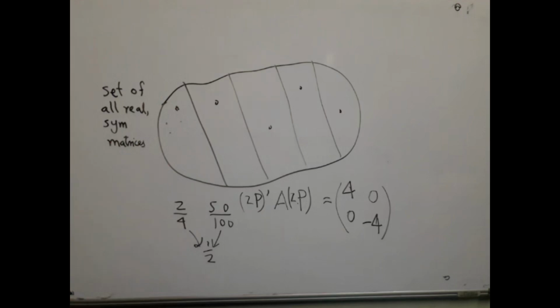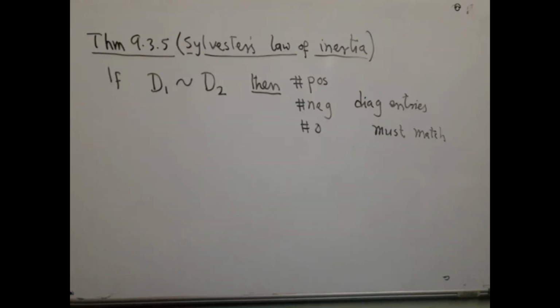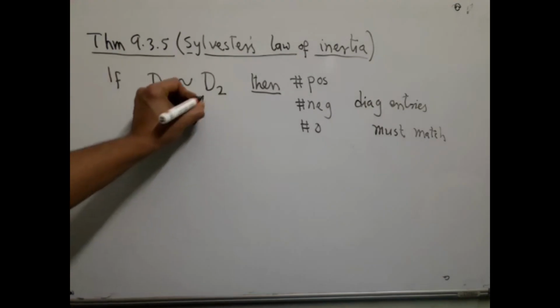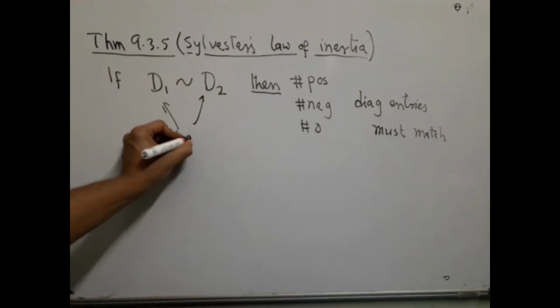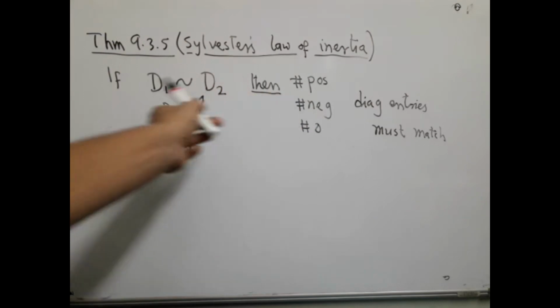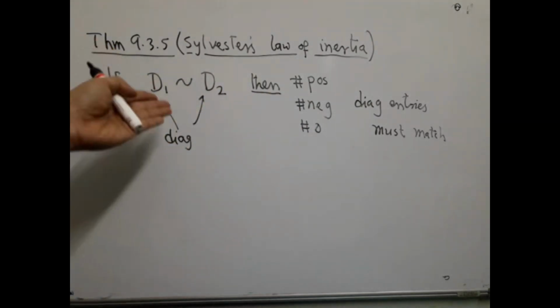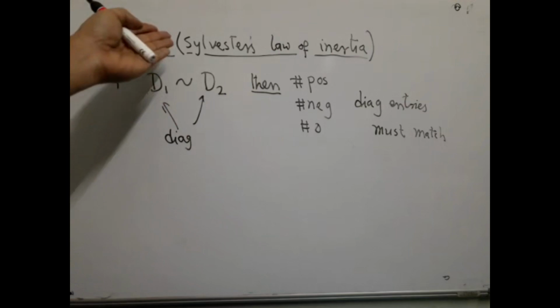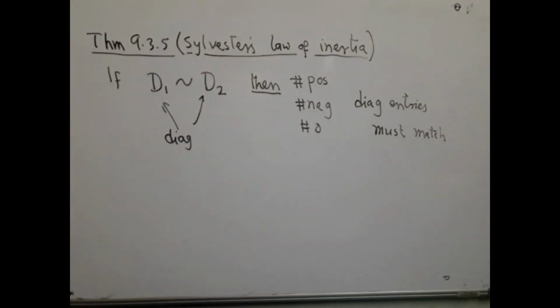And one such very important property is given by Sylvester's law of inertia, which says that if I have two diagonal matrices, both of them diagonal, and they are equivalent, meaning that they are congruent to each other, then the number of positive diagonal entries must match. The number of positive entries in the diagonal of D1 must be the same as the number of positive entries there. Similarly, the number of negative entries must match and the number of zero entries must match.